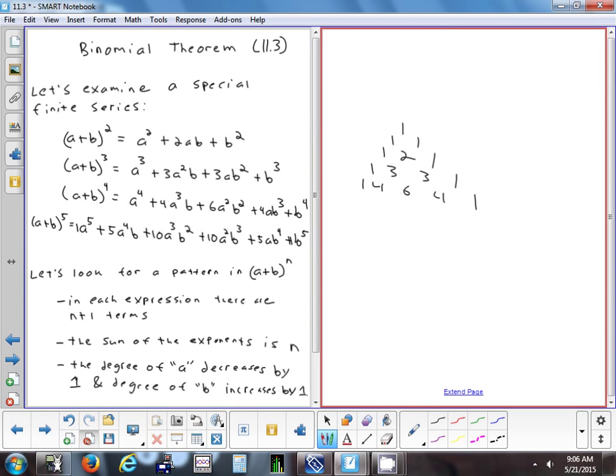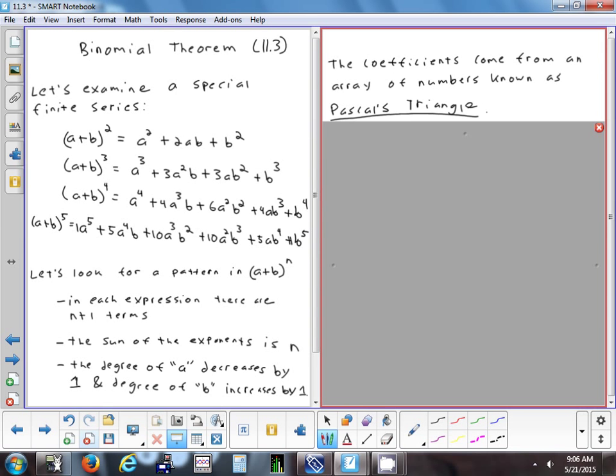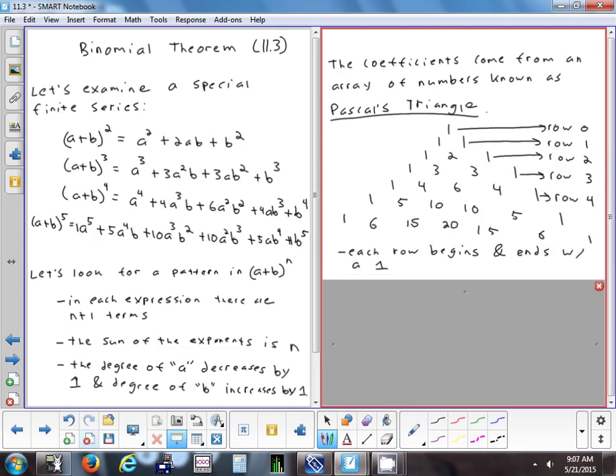So there's Pascal's triangle. That was showing you the pattern. We've already looked at Pascal's triangle a little bit earlier in the week. The important thing you have to do with Pascal's triangle is start at row 0. It's going to just make more sense.